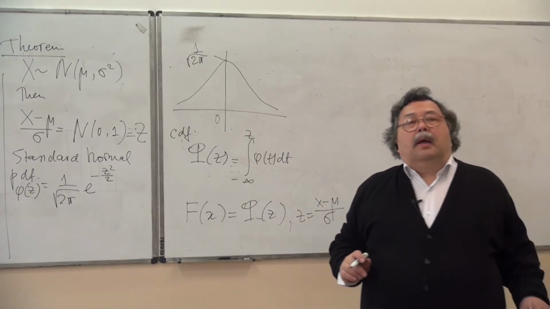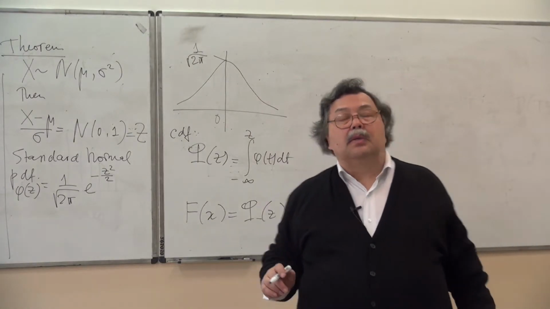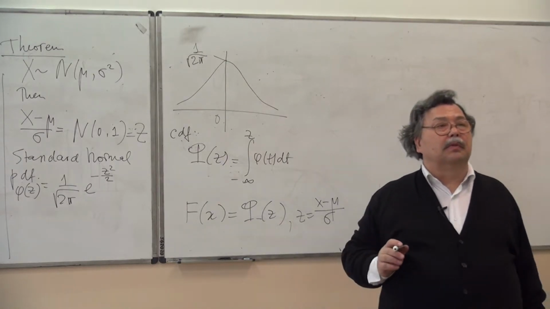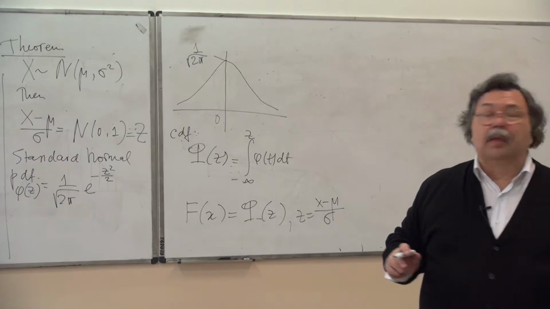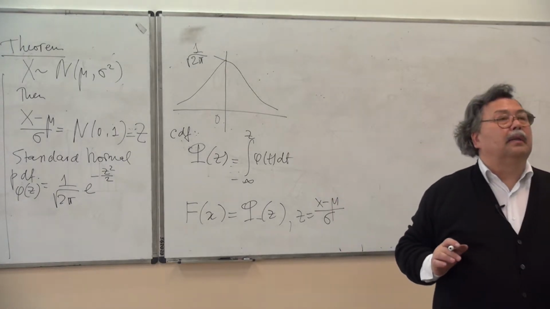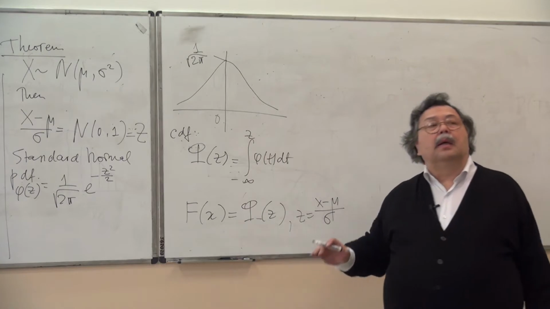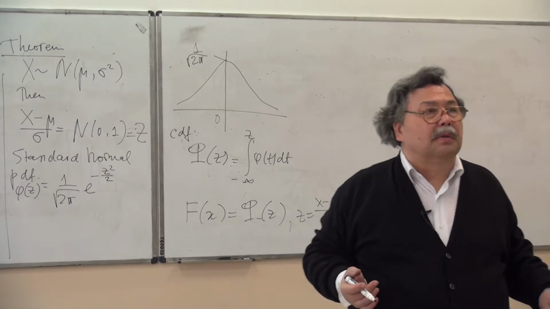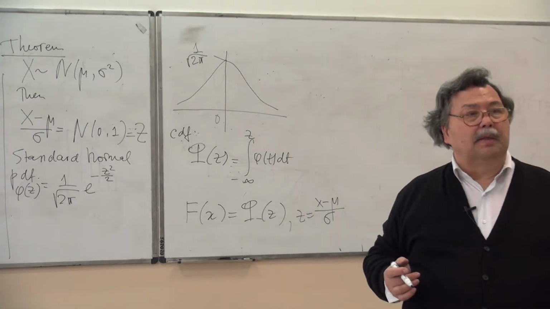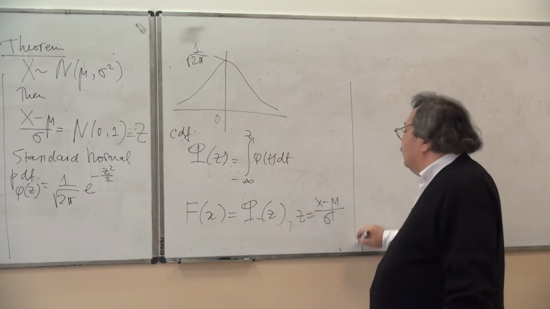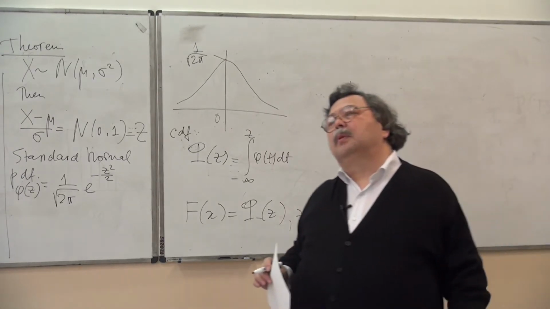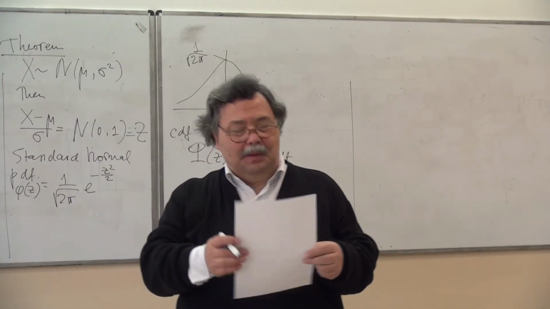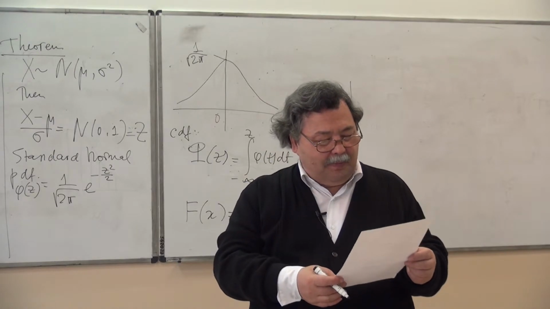Which means that we don't need to deal with all these infinitely many different cumulative distribution functions. We only need one of them. We need to study it carefully and have detailed information on it. And if we have this, we can answer any questions about any normal distributions. This is how it's actually done in practice. Well, at least this is how it was done before the computers arrived. Now the computers can answer any questions that you ask.